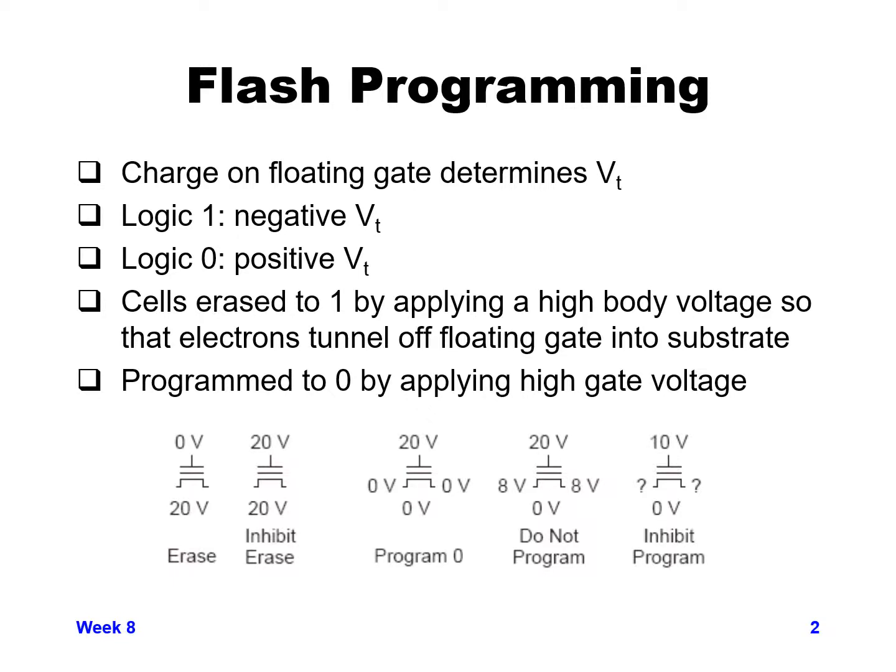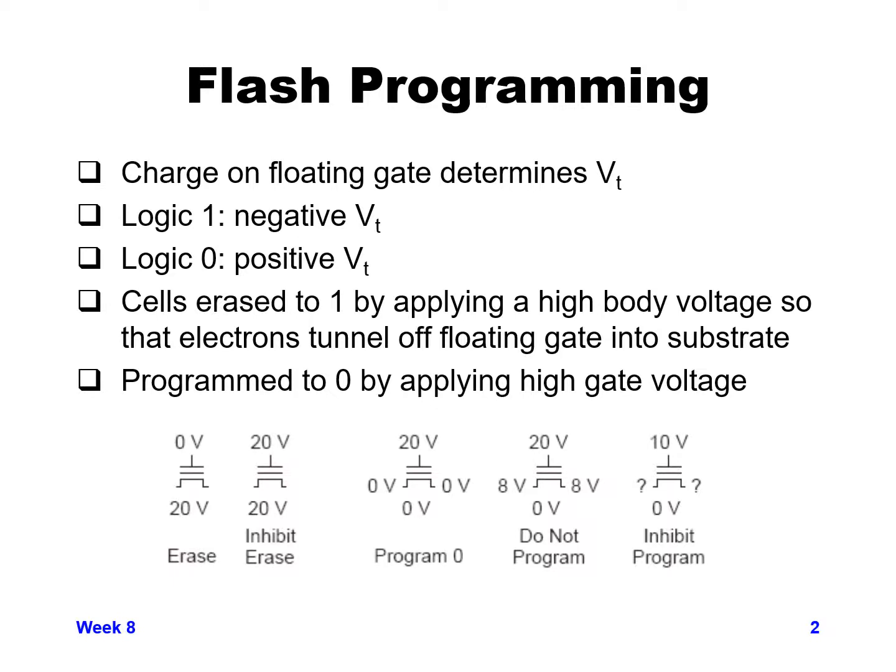And what you can do is you can either erase the cell or you can program it to 0. So erasing it will make it effectively on and allow it to conduct current. So it'll set the value of the cell to give you a 1 out, and you do that by applying a high body voltage.